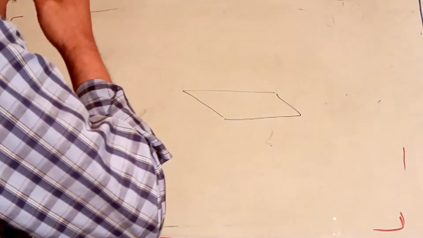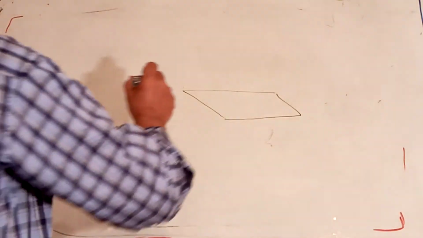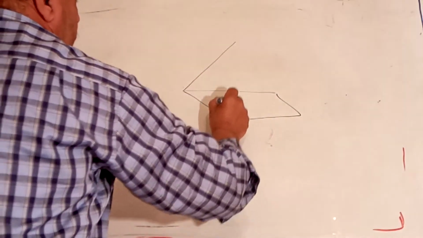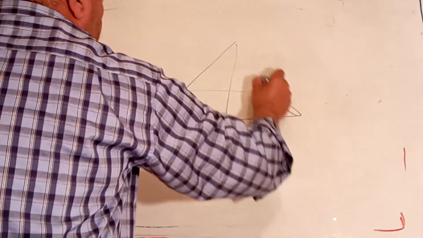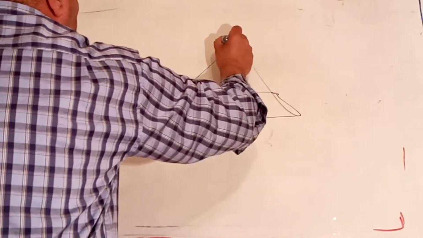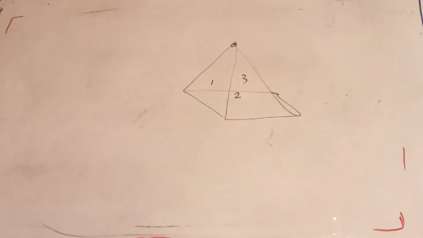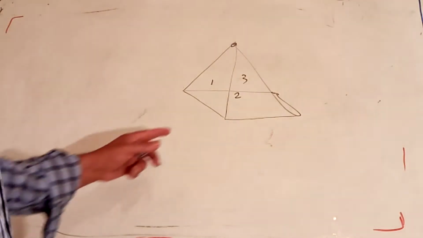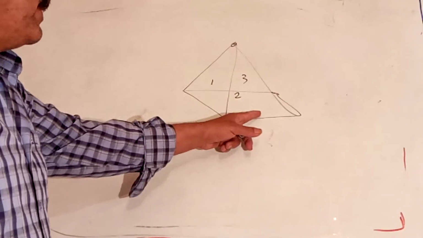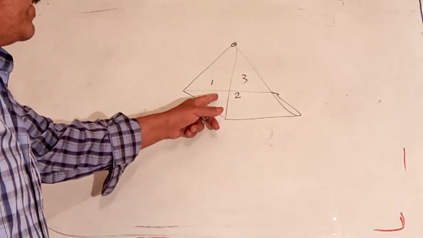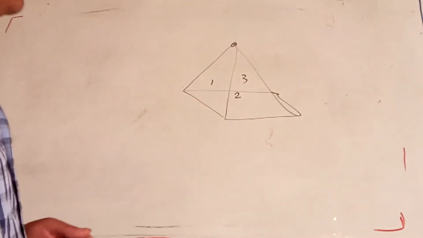Then it has three sides of a triangle, but with the common vertex. This is one side, this is the second, and this is the third from the back. So the base is either square or rectangular, and it has three surfaces as triangles.